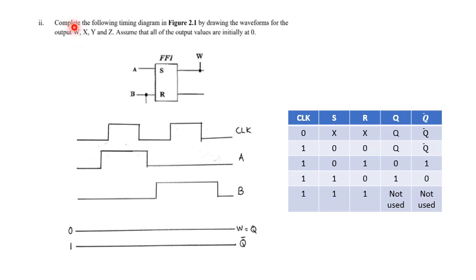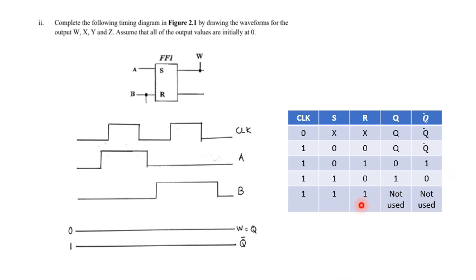Okay. Then here is the SR flip-flop. The SR flip-flop needs to have a clock. The SR flip-flop here doesn't have a clock. So we can refer to the truth table here.